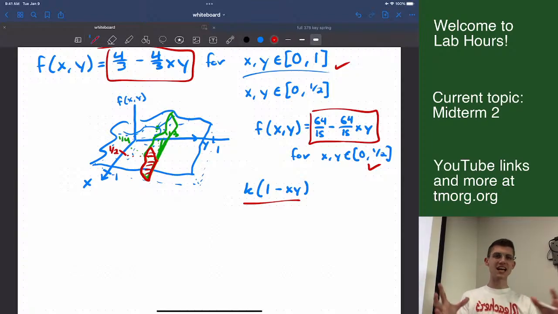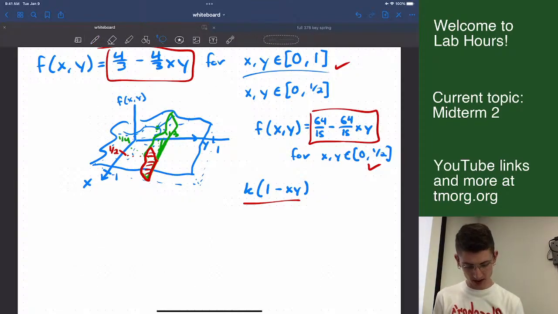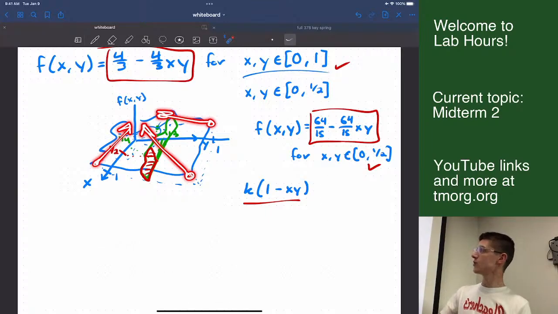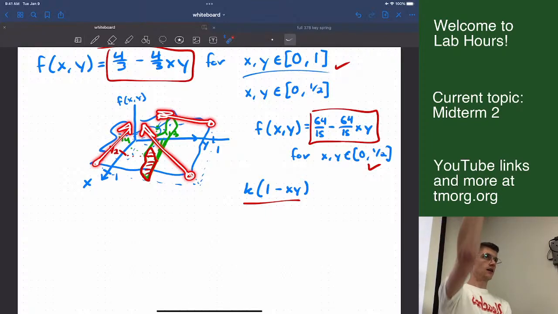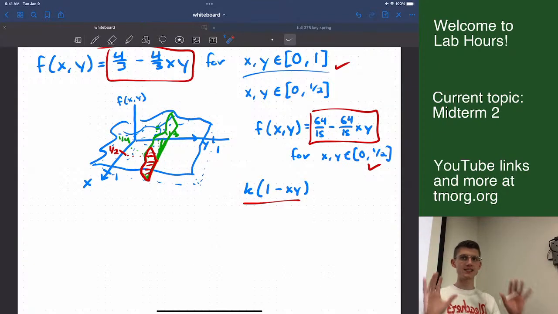Right? So K is kind of like the squish factor, where if I have to take all of these points and squish them into some different bound, I need to adjust the height of the shape that it makes, right? Just so that it all integrates to 1. K is my little friend that makes sure everything stays legit.